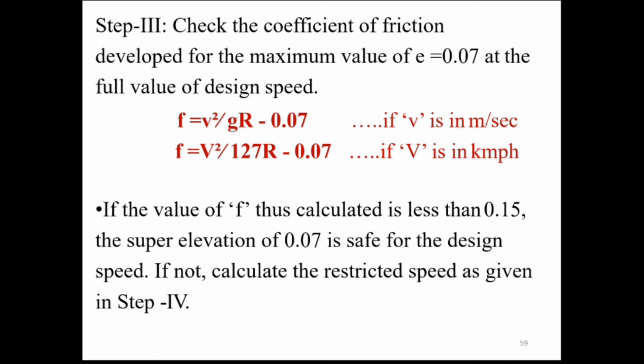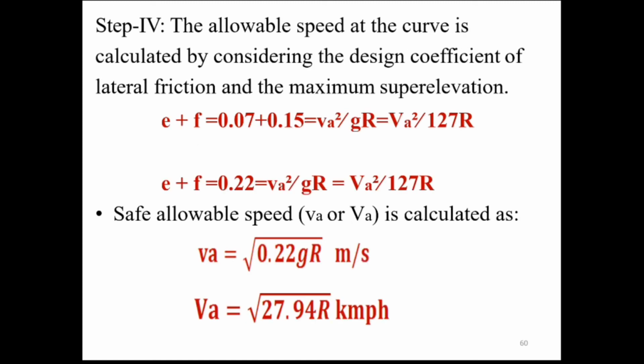Here, if the value of the coefficient of friction F thus calculated is less than 0.15, then the superelevation of 0.07 is safe for the design speed. If it is not, calculate the restricted speed as given in step 4.